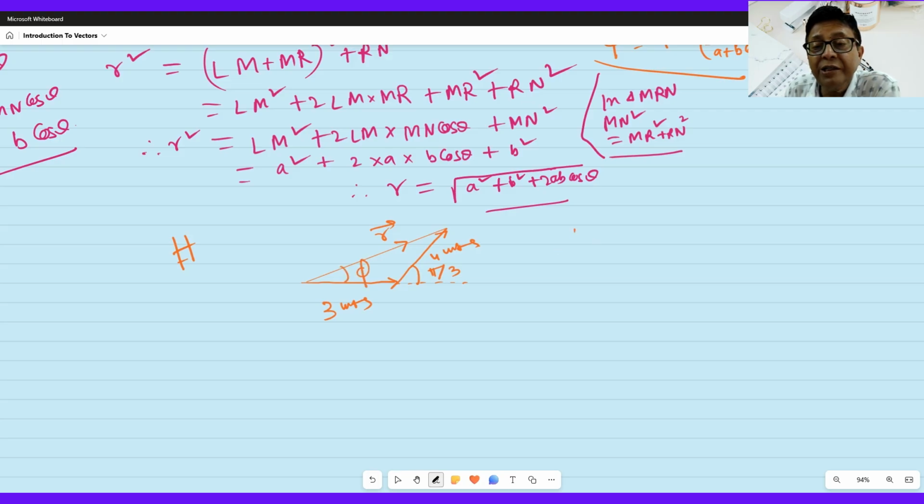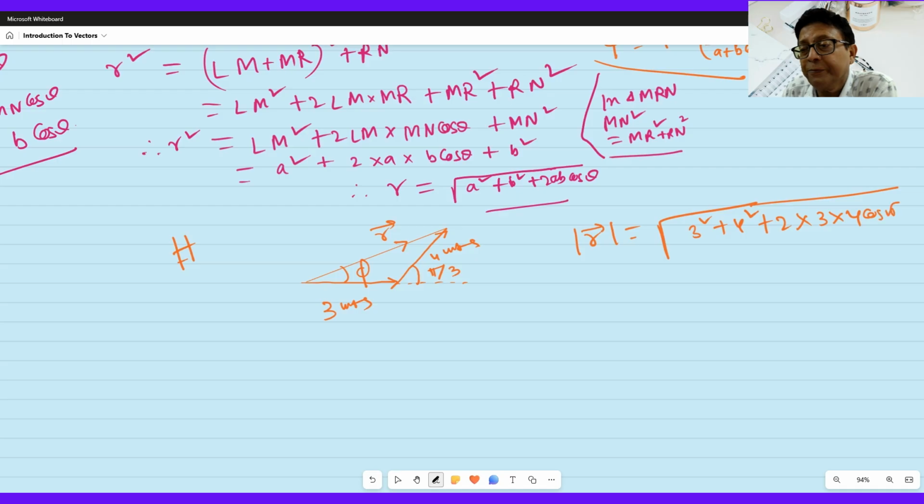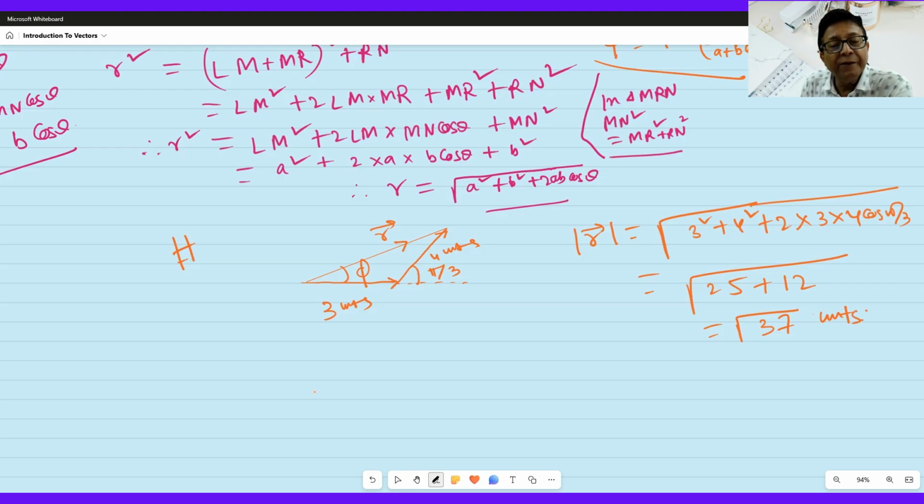So first you write mod R. Mod R going to be what? 3 square, 4 square, 2 into 3 into 4 cos pi by 3. 25 plus 12, because cos pi by 3 is half. So root 37 unit. And angle phi how to find?